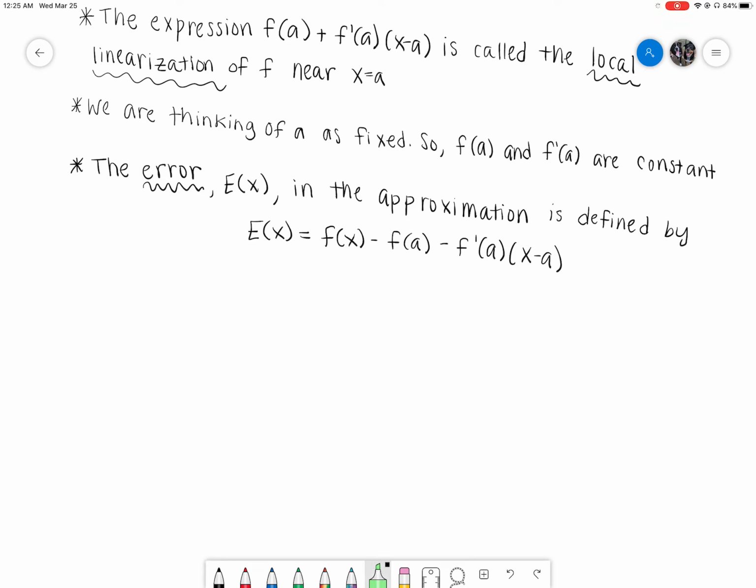So we see here that that was our approximation that we were subtracting off.